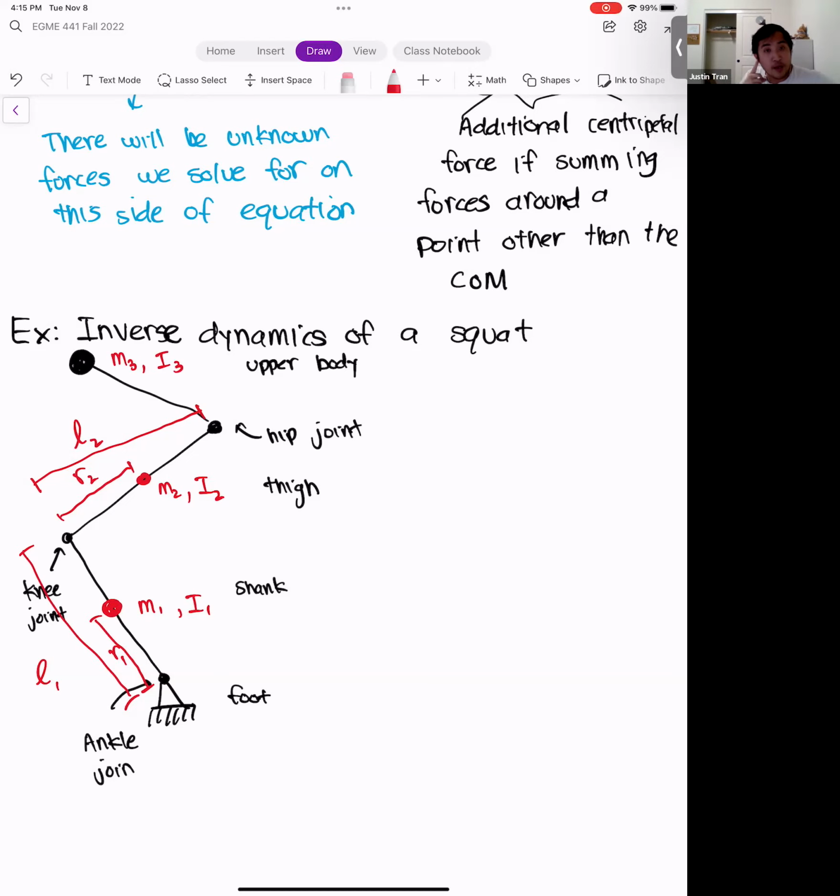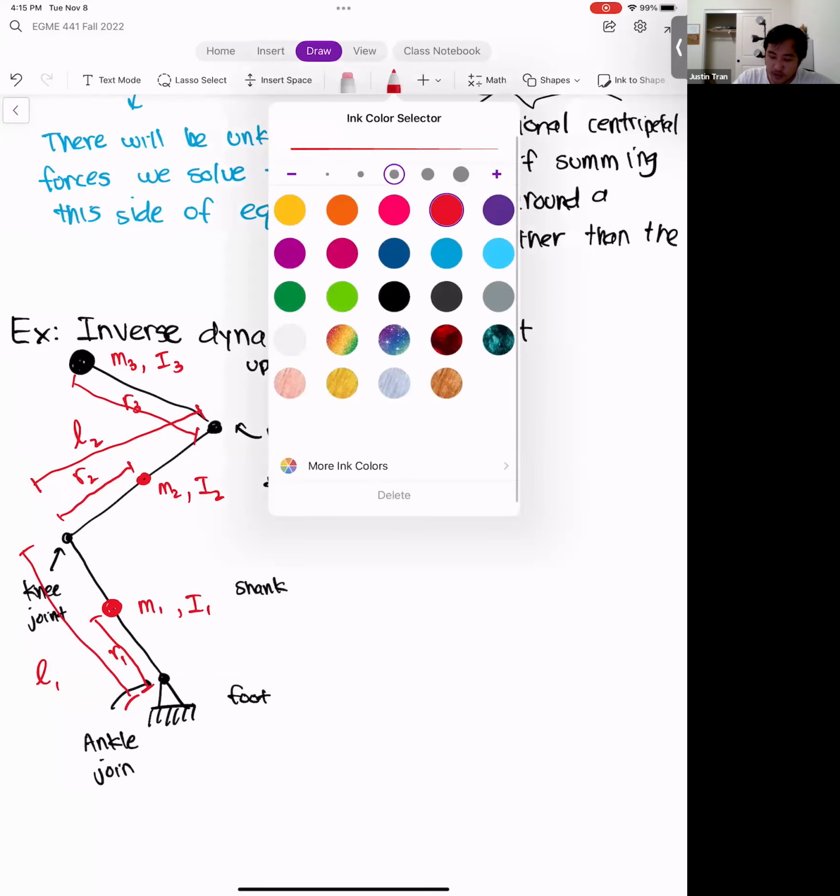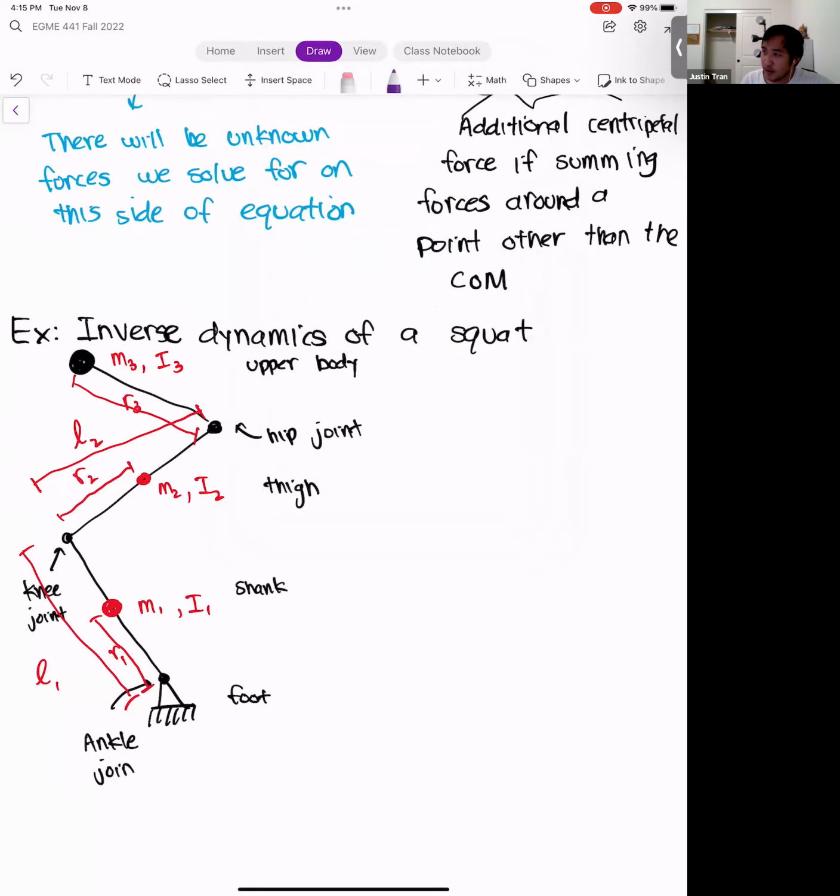Then we also know the total mass of the upper body as well as its moment of inertia. We'll call that M3 and I3, and that acts at a distance of R3 away from the hip joint. There's quite a lot going on, so make sure you get all the details in the figure because it is a lot.